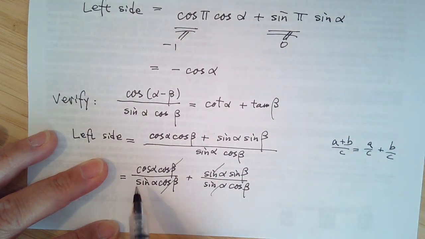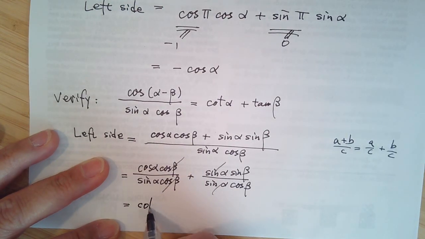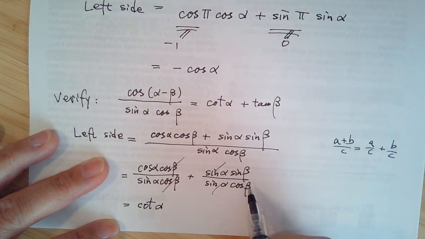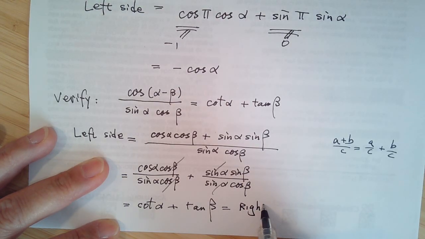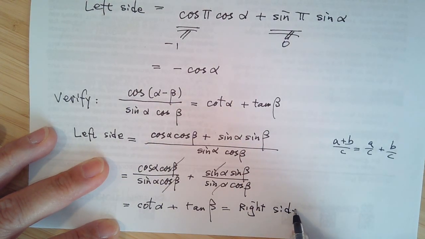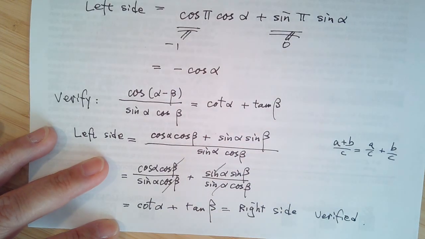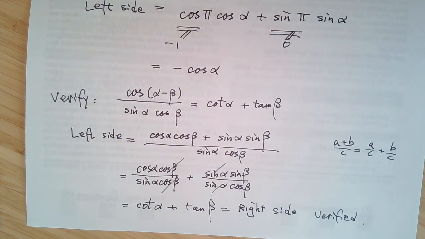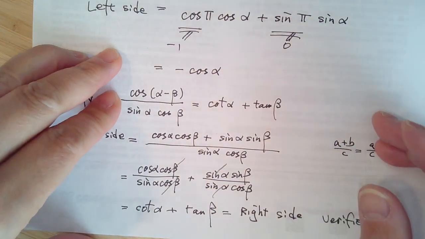So cosine alpha over sine alpha is cotangent alpha, and sine beta over cosine beta is tangent beta, which is the right side. So I verified this. See, I'm using this difference formula.